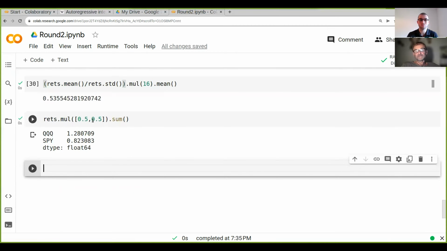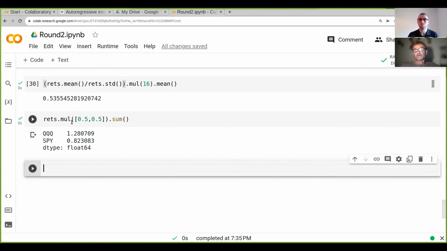We're multiplying them here, and then we're taking the sum. When you take the average, it's 1 over n. In this case, we have 2 columns. So it's 1 over 2 times the return of A plus 1 over 2 times the return of B, and the sum of that. That's the definition of the average. So what we're doing here is basically averaging out our 2.